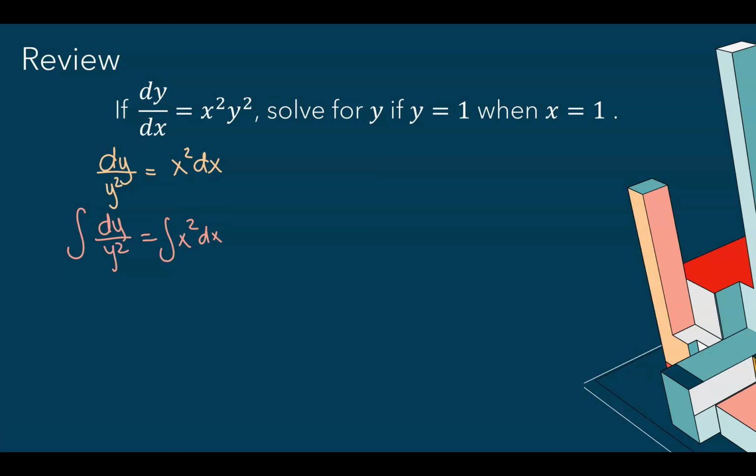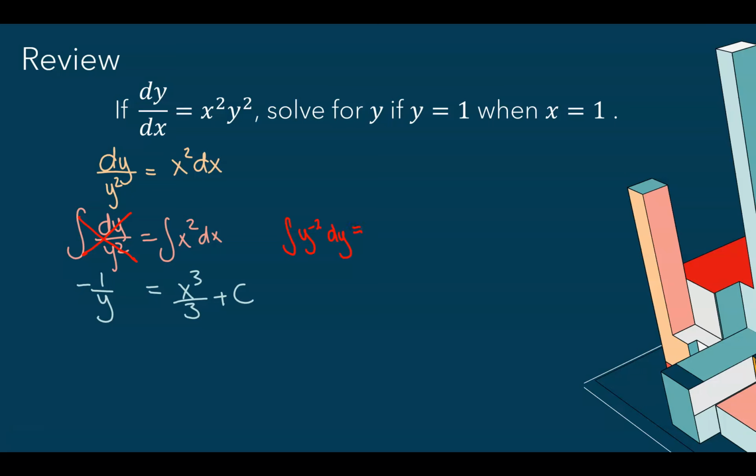Now, the right-hand side's pretty easy. The antiderivative of x squared with respect to x is x cubed over 3. And that's where we write our plus c. But the left-hand side, maybe you should have written this differently. If you haven't memorized yet that the antiderivative of 1 over y squared, or 1 over x squared, is negative 1 over y, or negative 1 over x, maybe you should have written that part as y to the negative 2 dy.